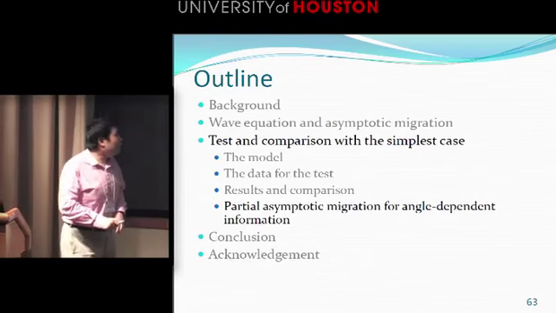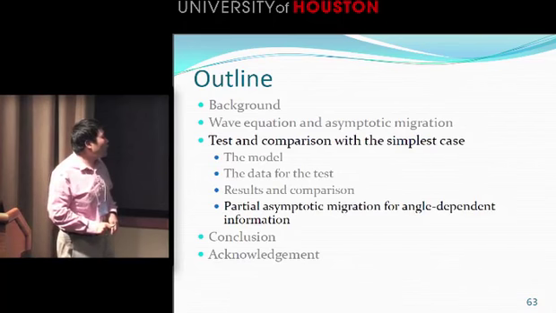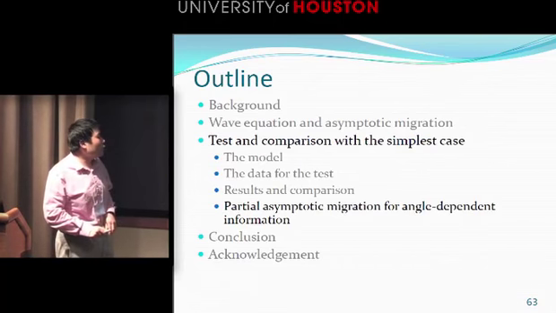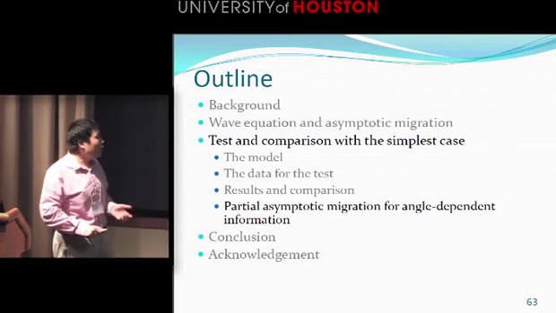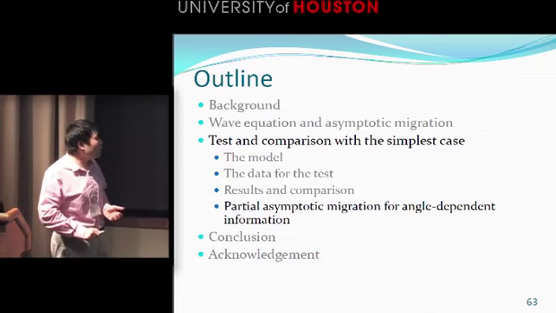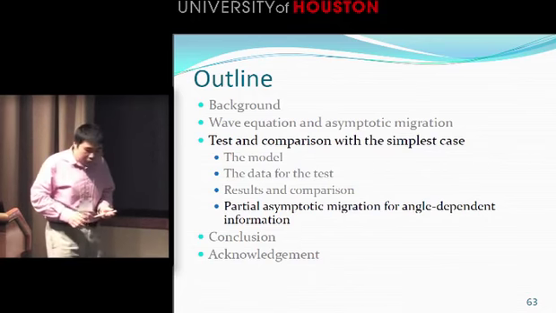As I said, we have another way that just uses the partial asymptotic migration to try to get angle-dependent amplitude information from the asymptotic migration.